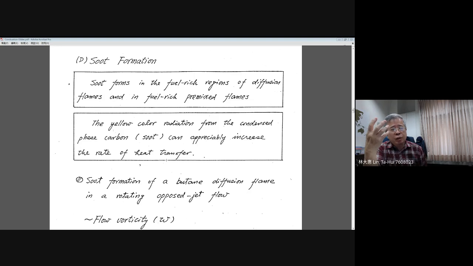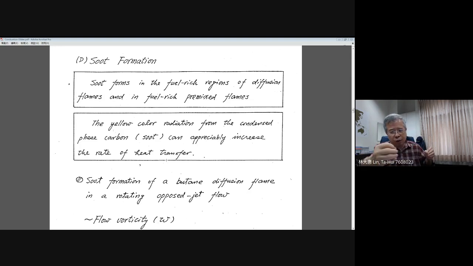Now you need to think about whether we can have those kinds of intense heat radiation in the combustion zone, and later on try to eliminate the soot. Then people will think about the so-called staged combustion. Initially, they have rich burning. A lot of carbon will exist in the high temperature zone to enhance the radiation transfer.